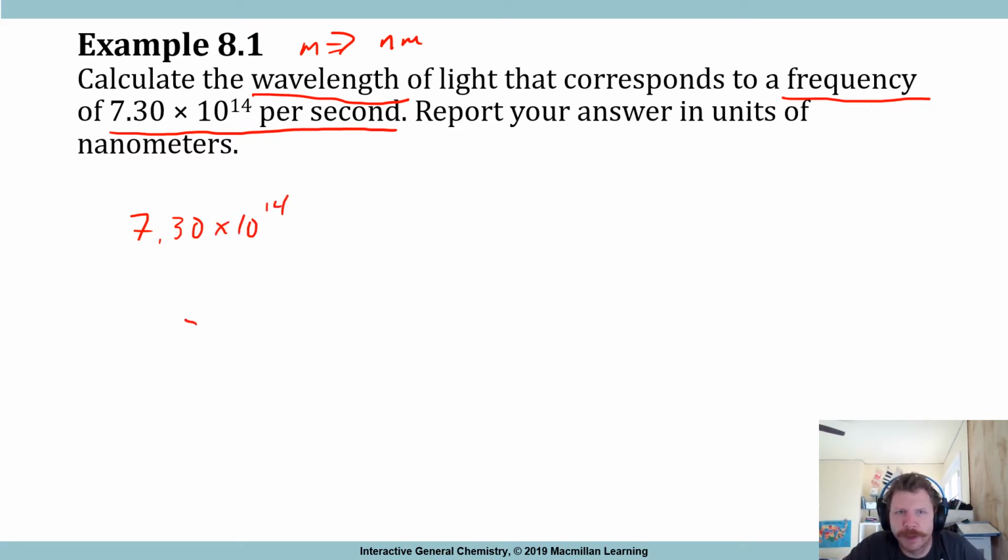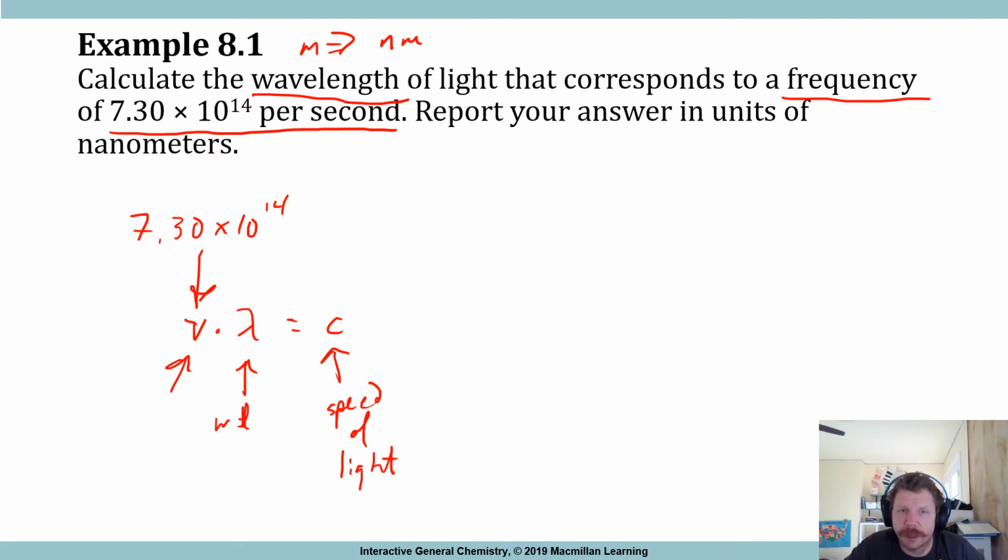If you remember, we had nu times lambda equals c. So this is frequency times wavelength, I'm just going to write shorthand as wavelength, and c is the speed of light. This is a constant, 2.998 times 10 to the 8th meters per second.